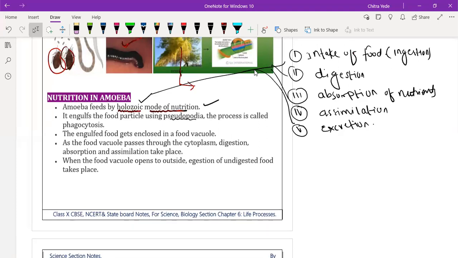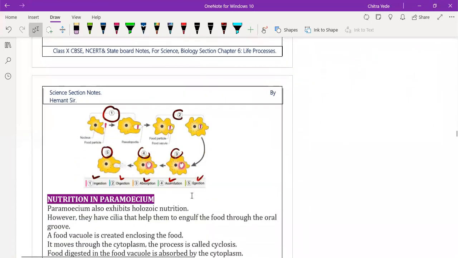See here, if we check the diagram, this is the food particle, and these two parts are called pseudopodia. They change their shape according to the food particle, and they cover the food particle. Ultimately that food gets engulfed inside the cell of the amoeba. In this process amoeba engulfs, or we can say the intake of food takes place.